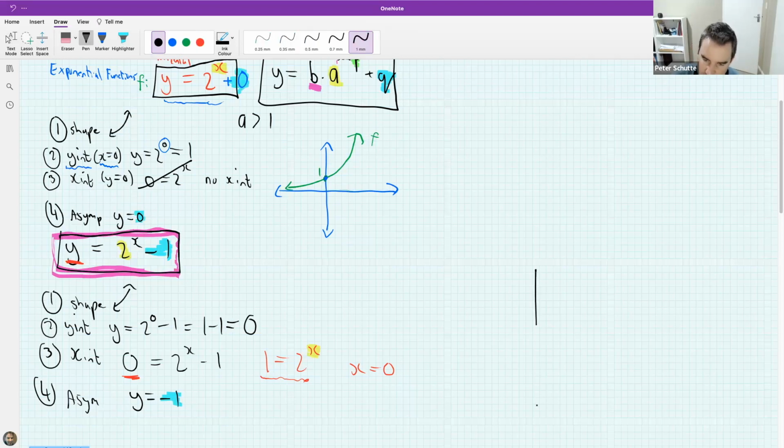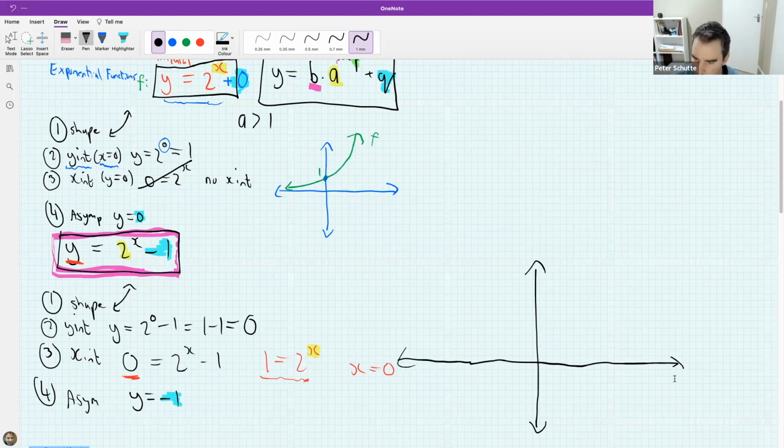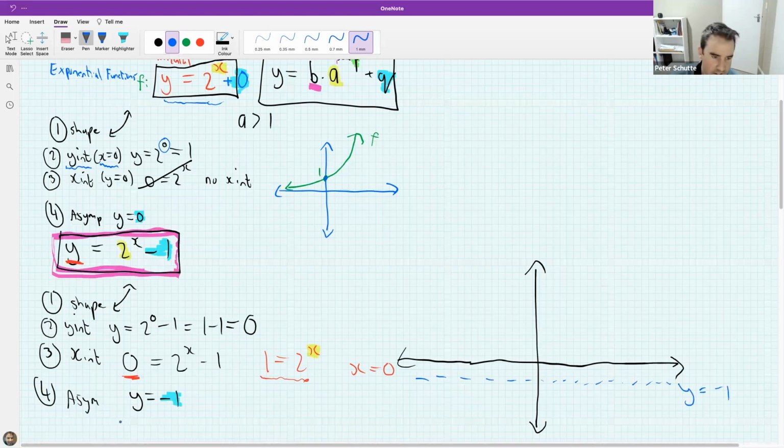Now, I want to give you a bit more time so that you can try and draw this function. What I like to do is label the asymptote. So now you're going to see this dotted line and wonder what this man is talking about, but that is just the asymptote that I was speaking about.